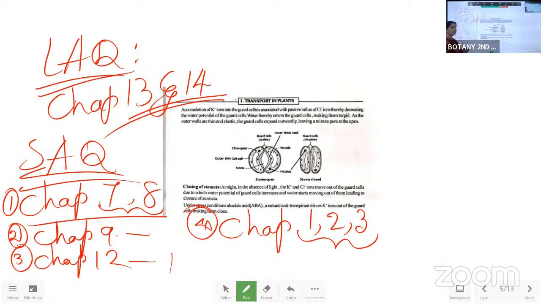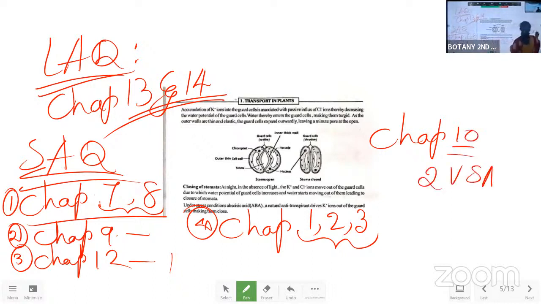And the chapter 11 and chapter 14, and what else? Chapter 10. From this chapter, 2 VSAQs we will get. And chapter 11, 1 VSAQ we will get.